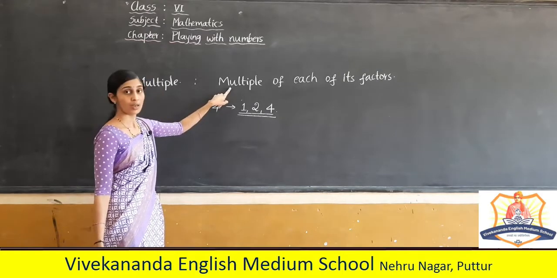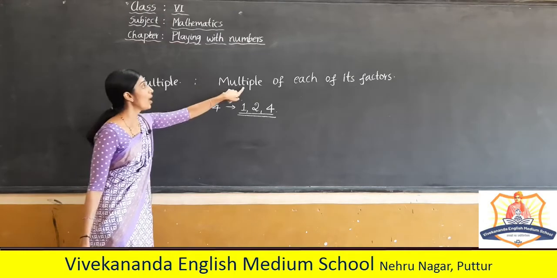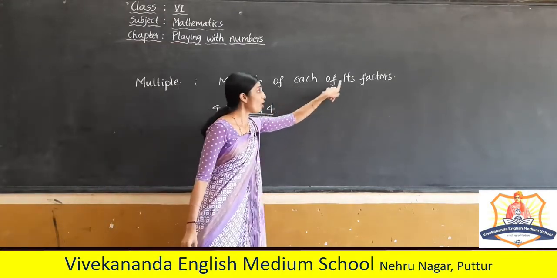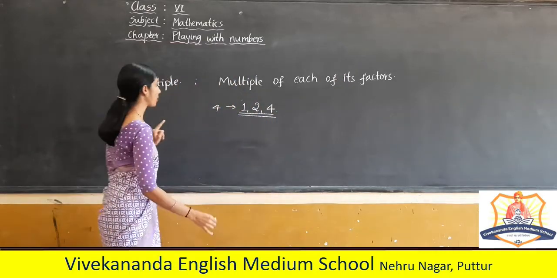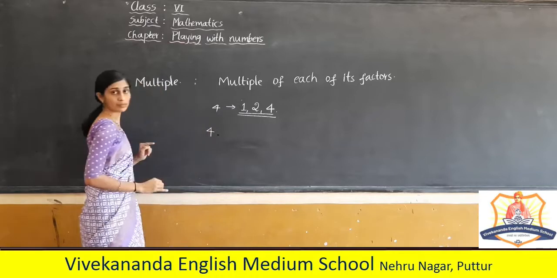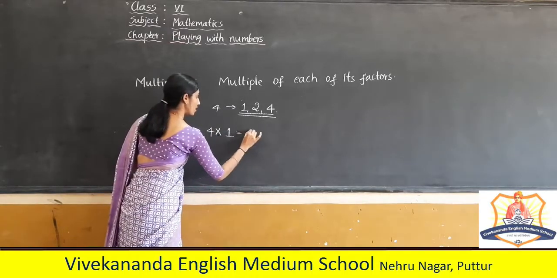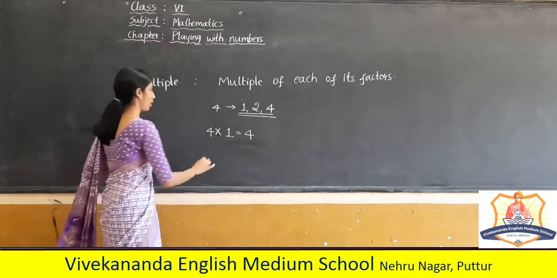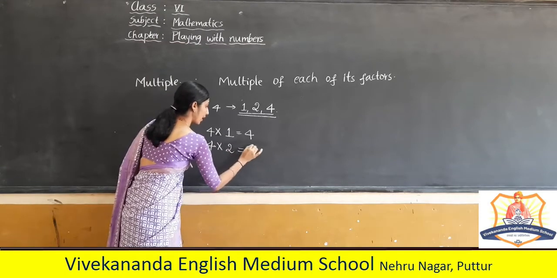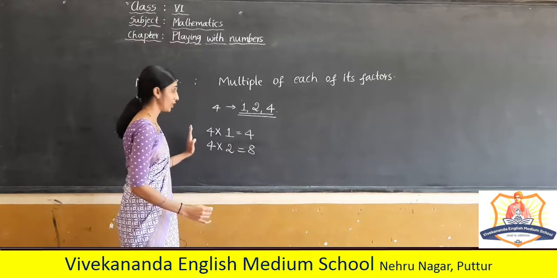Multiple, what do you mean by this sentence? A number is said to be a multiple of each of its factors. So, if I see, 4 ones are 4, 4 twos are 8. This is one thing. Remember this.